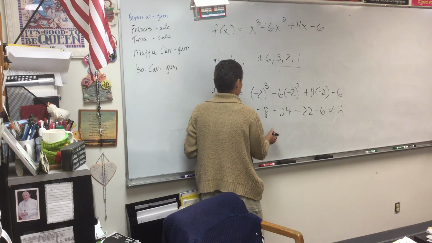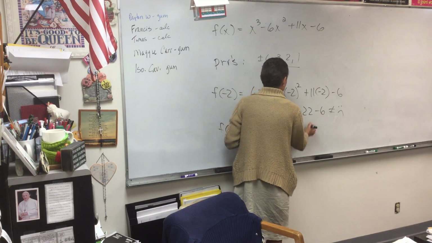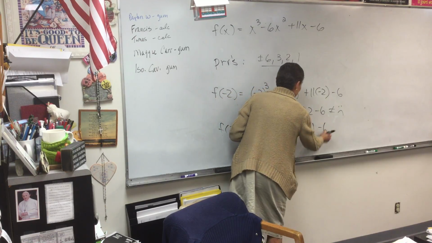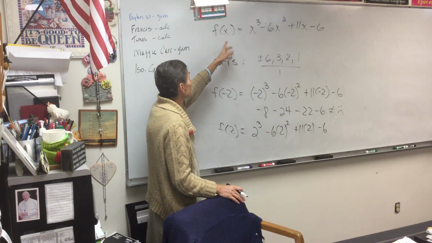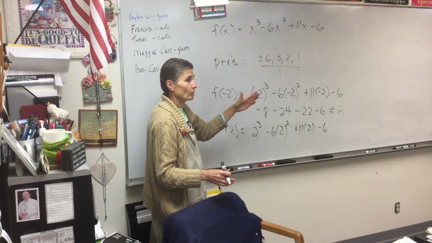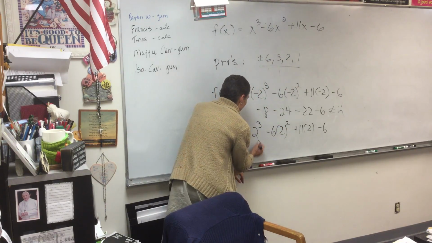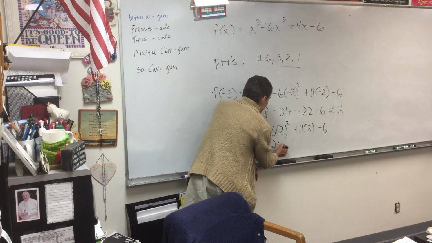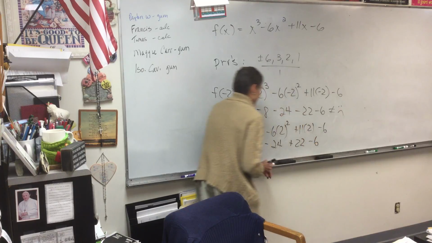So 2 cubed minus 6 times 2 squared plus 11 times 2 minus 6. I'm just plugging in whatever my guess is. We guessed negative 2, didn't work. Guessing positive 2 now. I get 8 minus 24 plus 22 minus 6.